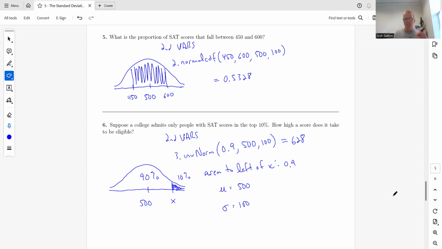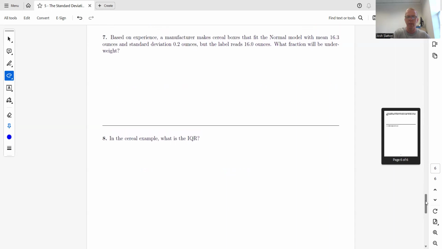All right, a couple more, and let's look at number 7. Based on experience, a manufacturer makes cereal boxes that fit the normal model with a mean of 16.3 and a standard deviation of 0.2, but the label reads 16 ounces. What fraction will be underweight?